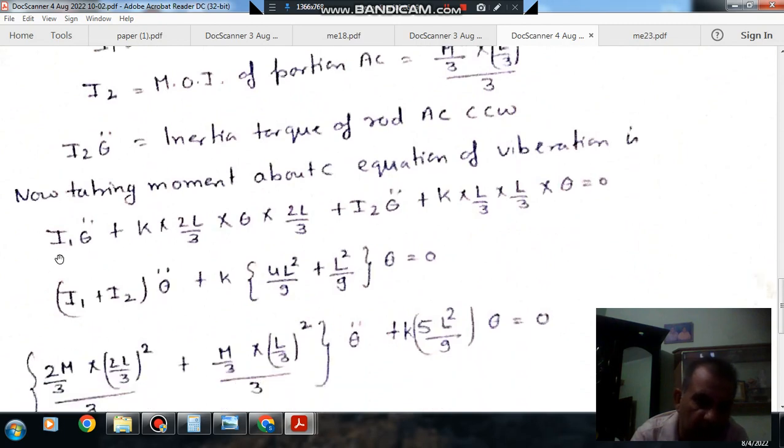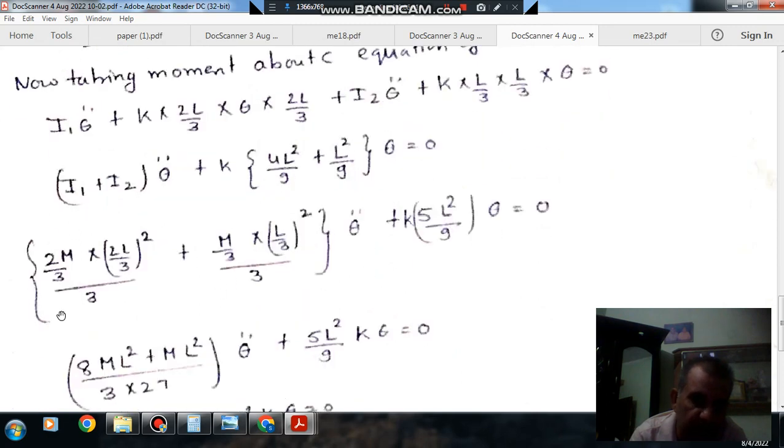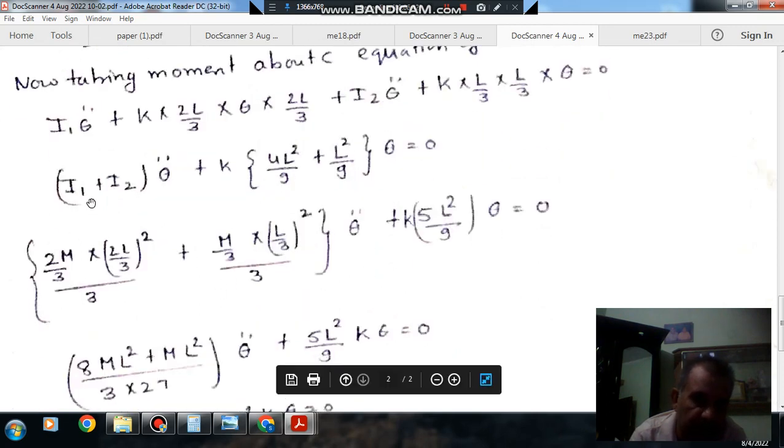Now we can separate the coefficients of theta double dot and theta. The coefficient of theta double dot is I1 plus I2, and the coefficient of theta is K into 4L square by 9 plus L square by 9, equal to 0.